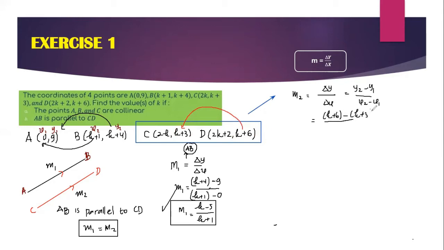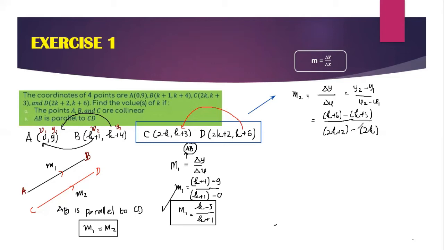Don't forget to put the brackets to avoid any mistake. Then X2 is 2K plus 2, minus X1, which is 2K.